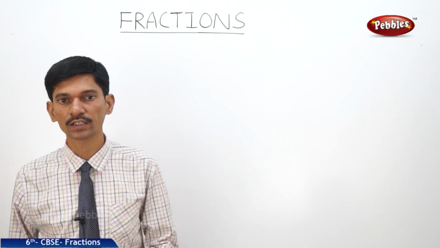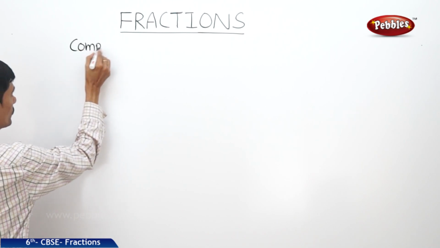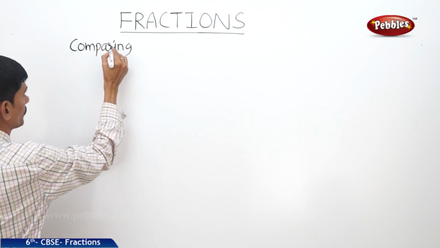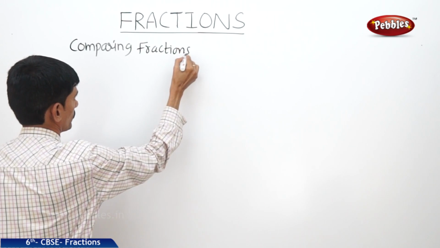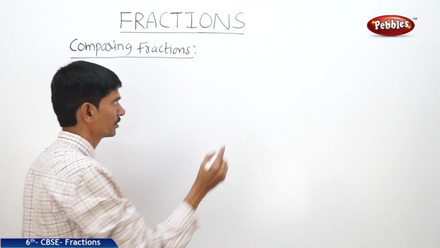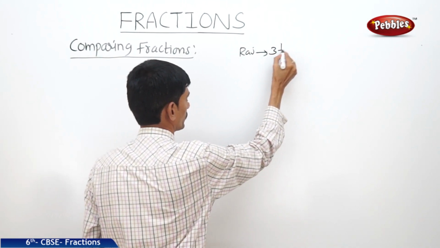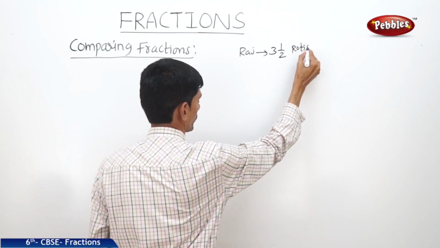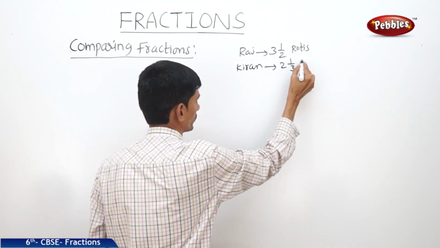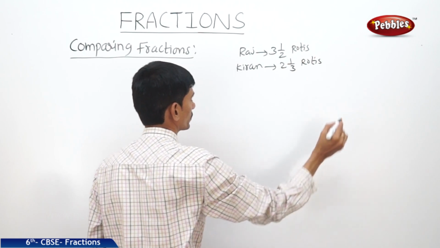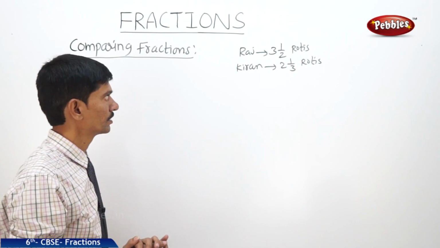Now let us see how to compare two fractions, means comparing fractions. Now for example, Raj has 3 1/2 rotis in his plate and Kiran has 2 1/3 rotis in his plate.